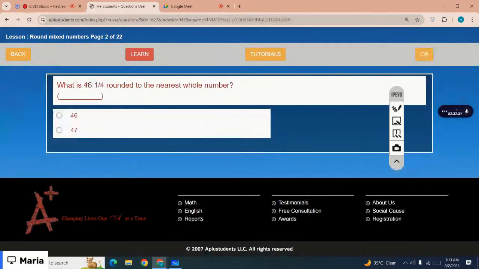Okay, what is 46 whole 1 over 4 rounded to nearest whole number? So which is the correct option?